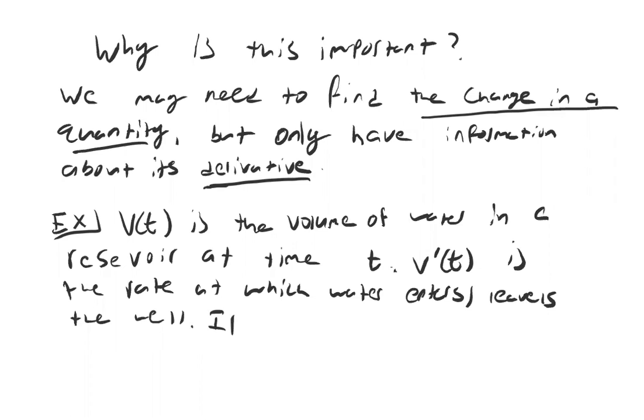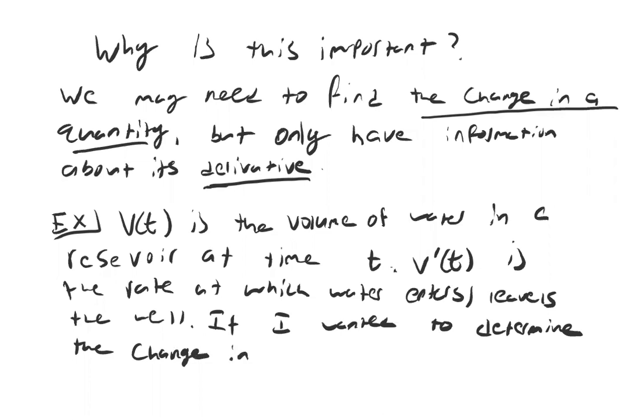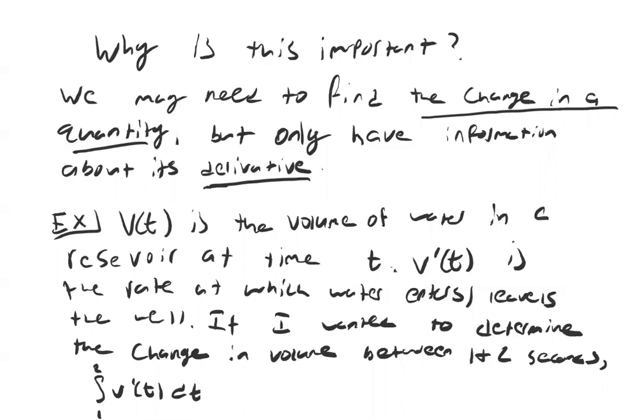And if I wanted to determine the change in volume between 1 and 2 seconds, if I have V prime of t, I can just do this integral from 1 to 2, V prime of t dt.